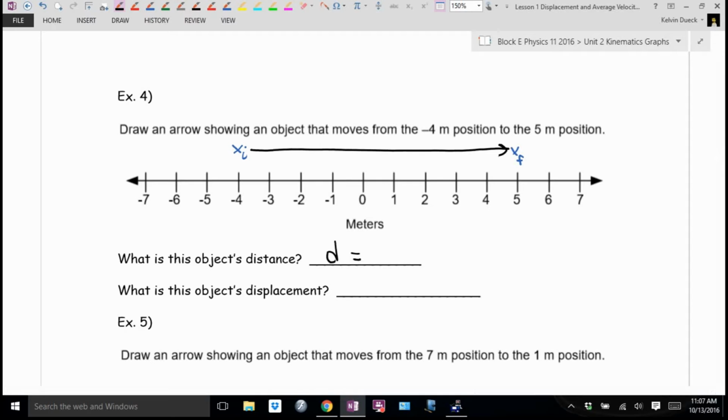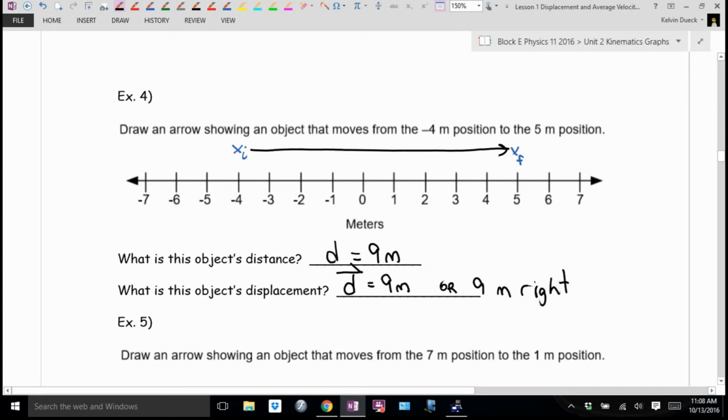Double check your math. Not 10. 9? Right? From -4 to +5 is 9? Yes? What's this object's displacement? Of 9. And the positive I would read out now because that would say to me 9 meters to the right. Or 9 meters right.